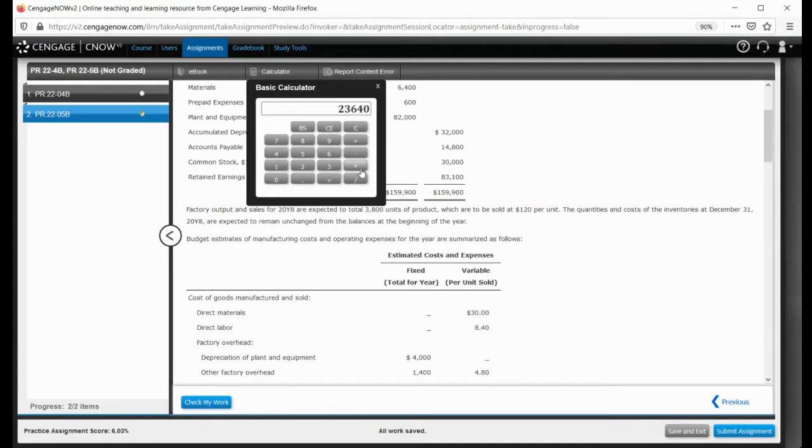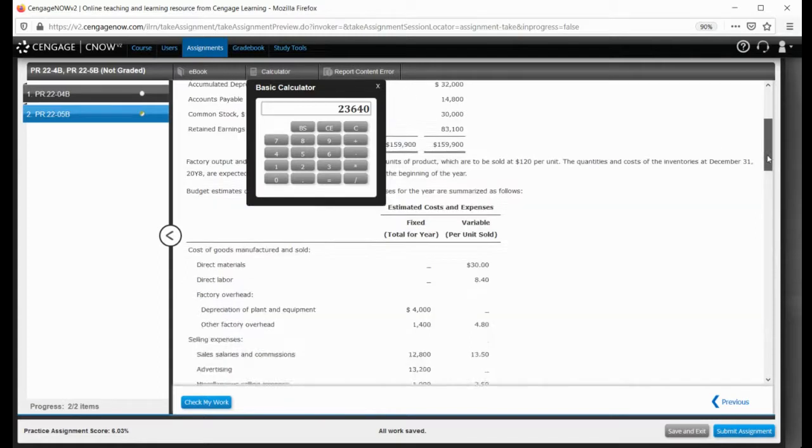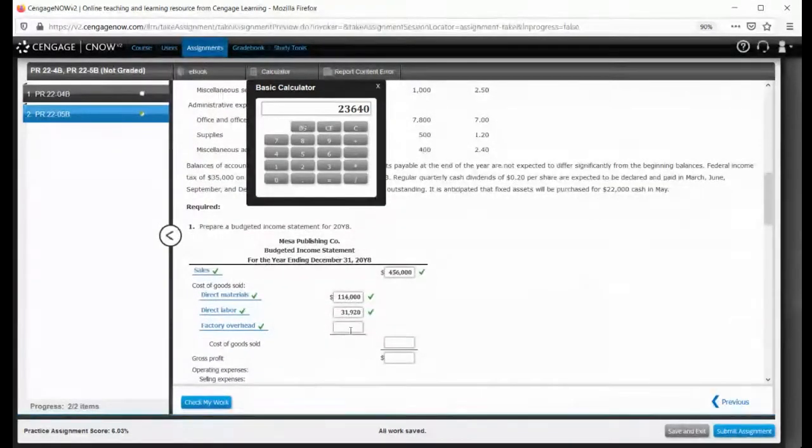And when we add both of those together, it's going to give us a total amount for our factory overhead at 23,640.